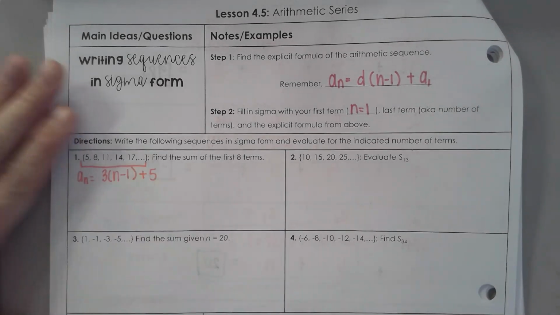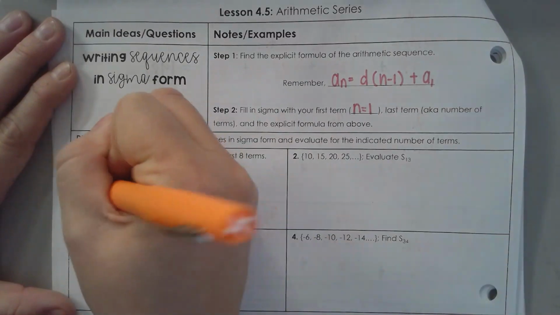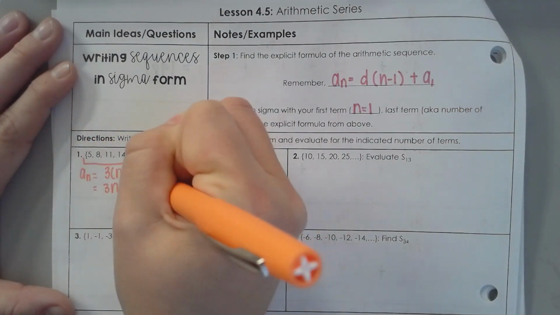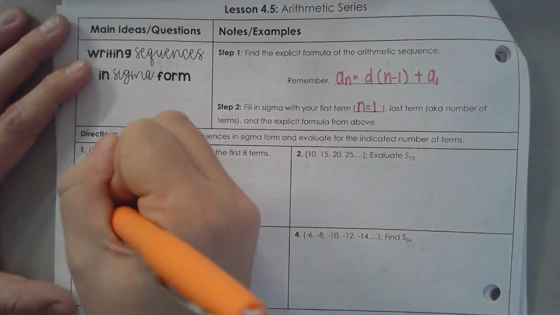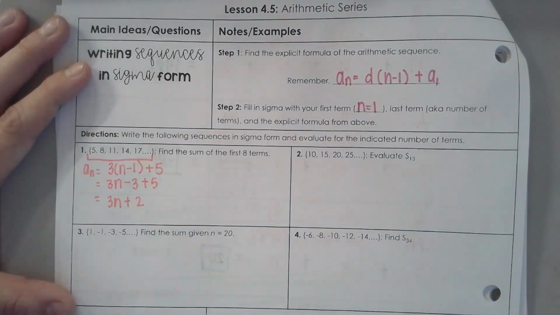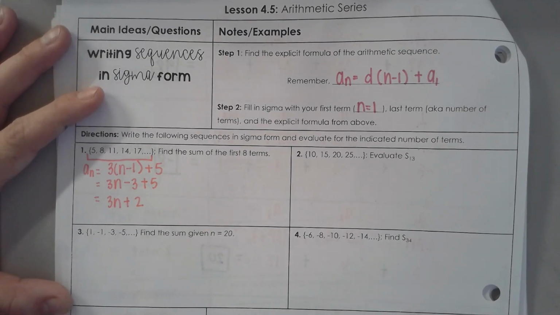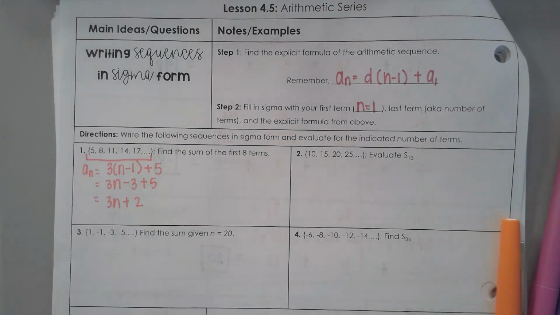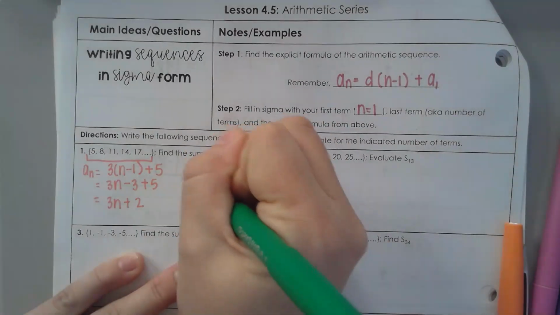And I do prefer that you go ahead and simplify this out. So distribute the 3 and then combine like terms. So that's the formula that's going to be put with sigma.